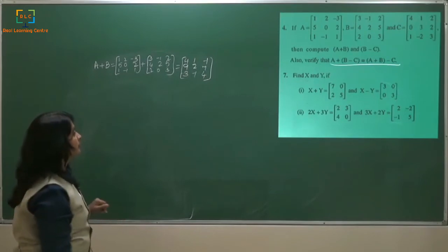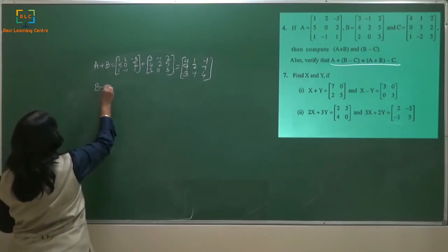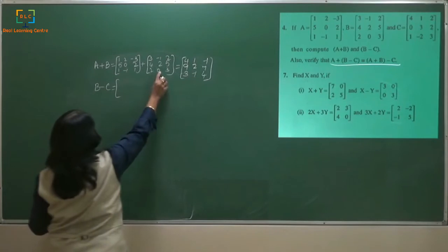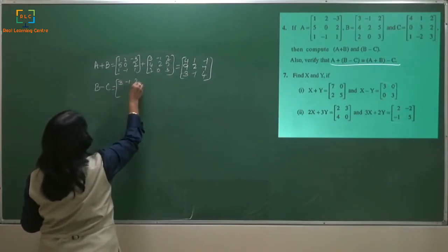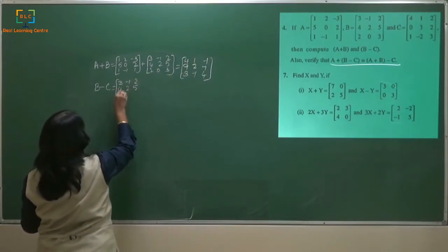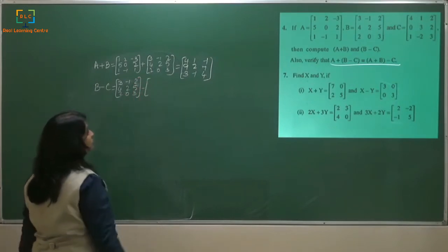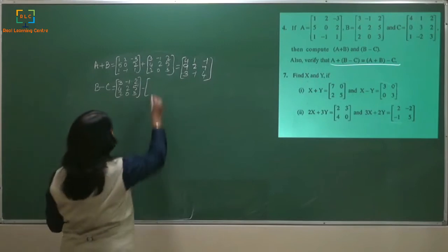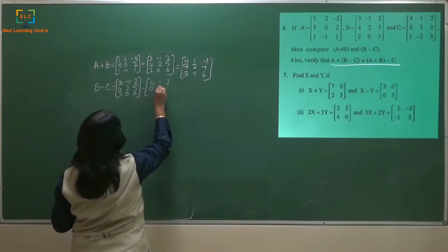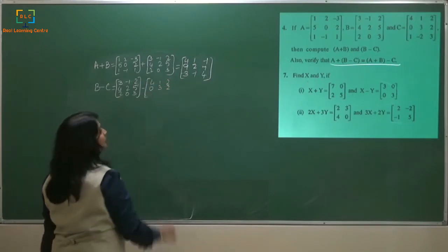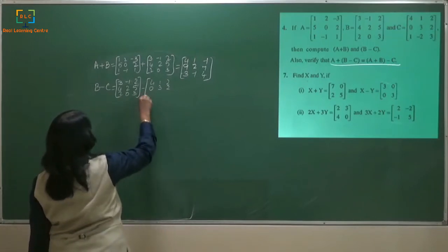Next I shall take B minus C. I have B here: [3, minus 1, 2; 4, 2, 5; 2, 0, 3], minus C. What is your C matrix? [4, 1, 2; 0, 3, 2; 1, minus 2, 3].